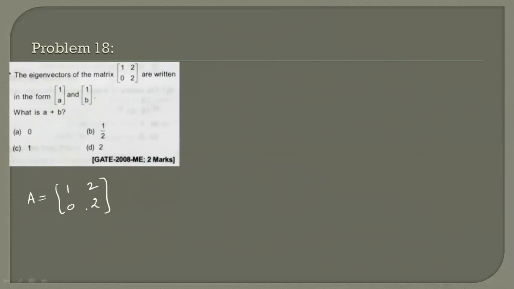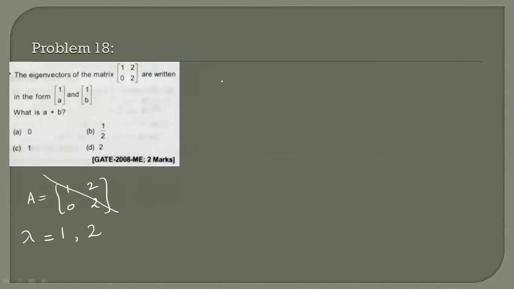If you remember my lecture 11, I told you this is an upper triangular matrix. Then the eigenvalues are represented by the elements of the main diagonal. So eigenvalues will be 1, 2. You can directly find the eigenvalues. You have another way to find the eigenvalues, but in the case of an upper triangular matrix, you can directly write the diagonal entries as the eigenvalues.